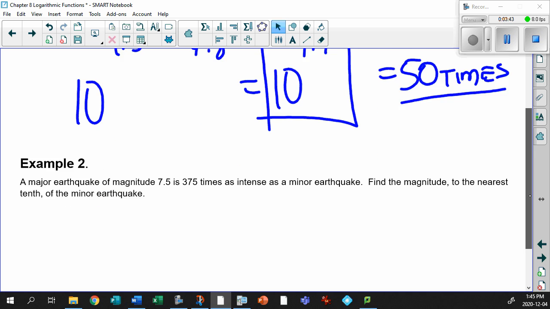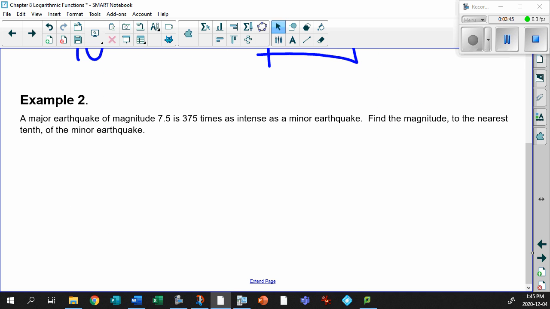On we go. Look at number 2. It says a major earthquake of magnitude 7.5 is 375 times as intense as a minor earthquake. Find the magnitude, to the nearest tenth, of the minor earthquake. If you think about this, there's that 10.